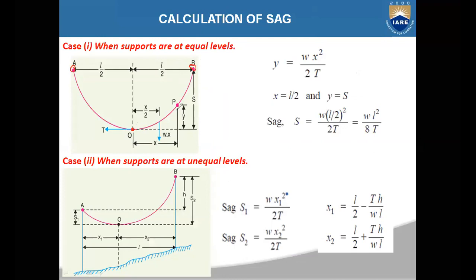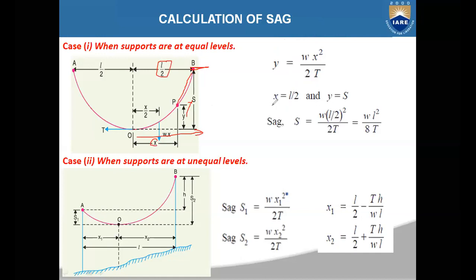By considering a point P on the conductor, we calculated the sag at point P: y is equal to Wx squared by 2T. And if this P is moved up to the support at point B, then y will become S and x will become L by 2.